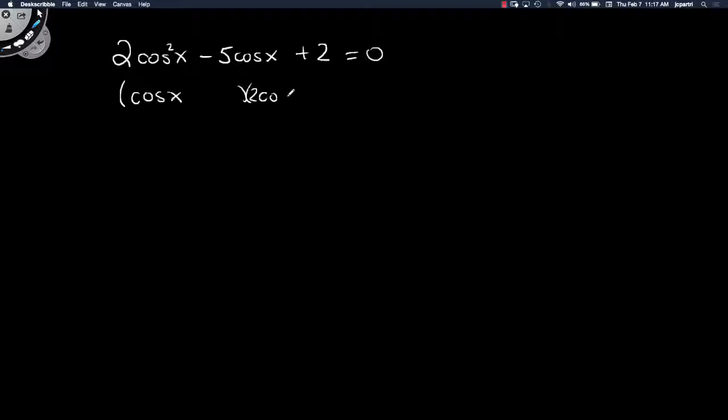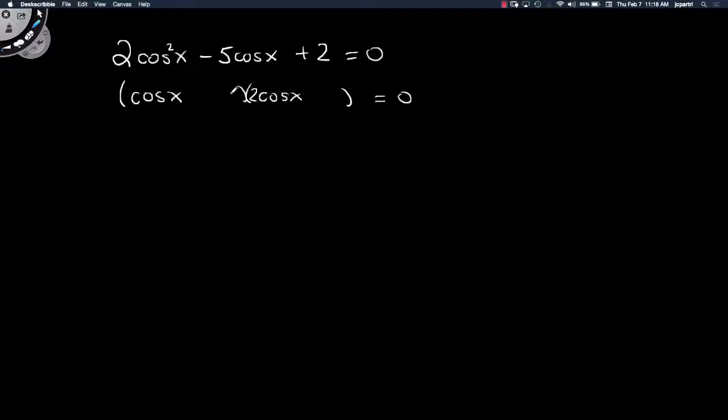67? 2 cosine squared x minus 5 cosine x plus 2 equals 0. And so this factors into cosine x, 2 cosine x here.